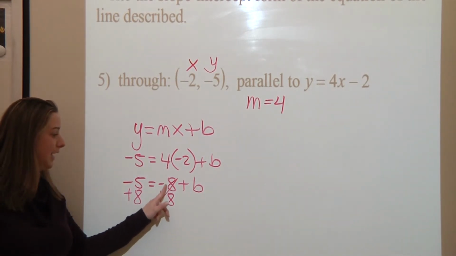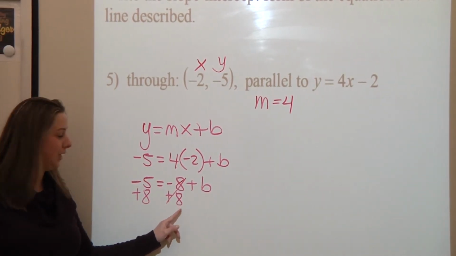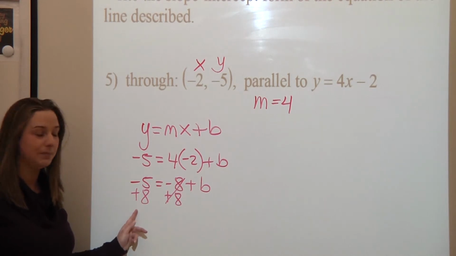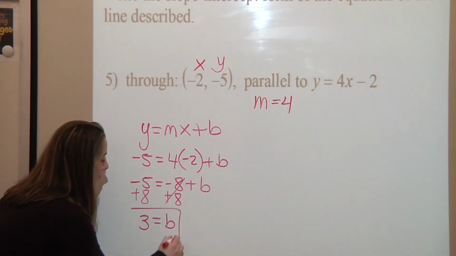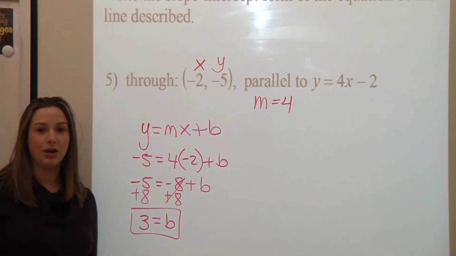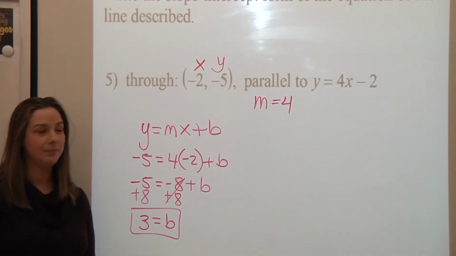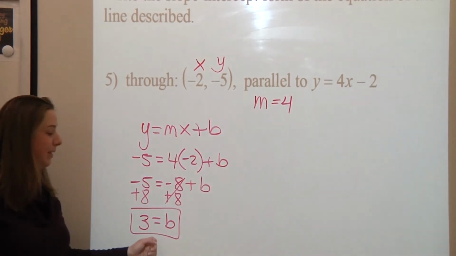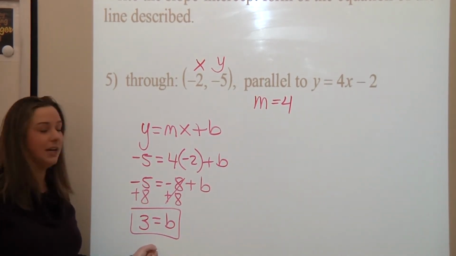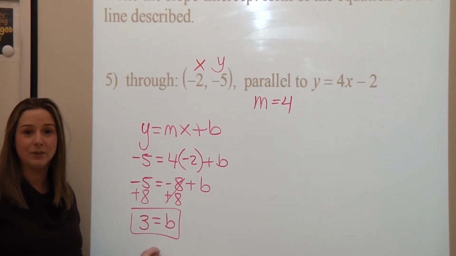We want to bring negative 8 to the other side, so we do that by adding 8 to both sides. For this problem, b equals 3. We have our slope, which is our value of 4, and we have our y-intercept, which is our b, our value of 3, so we have slope-intercept form.